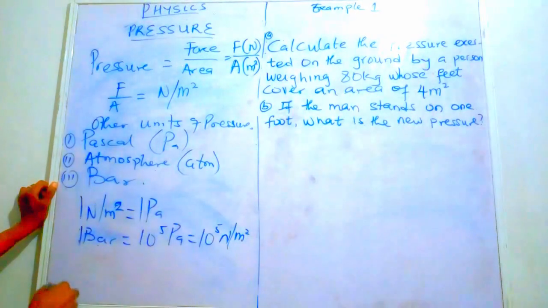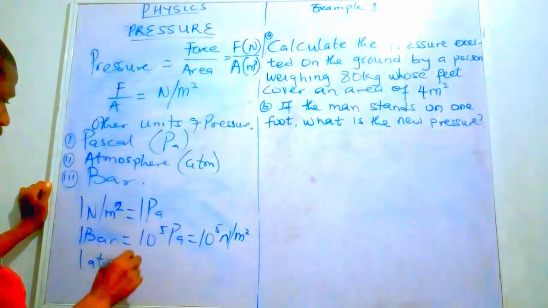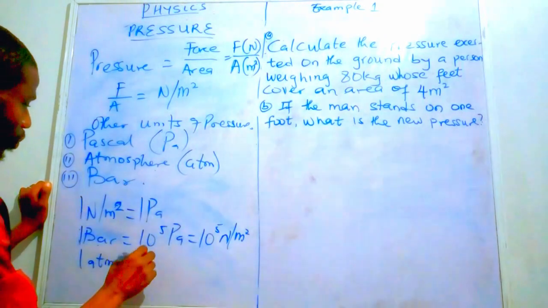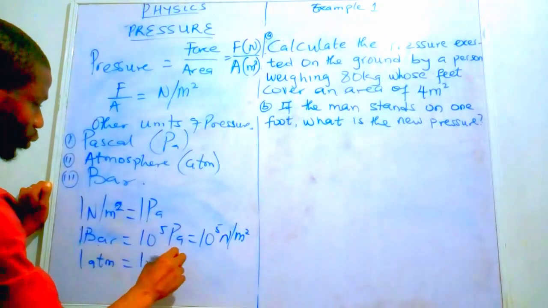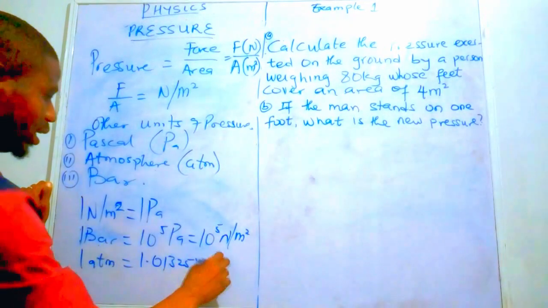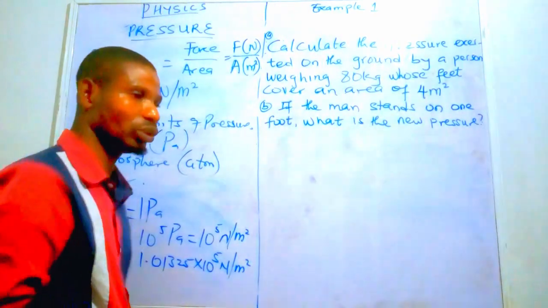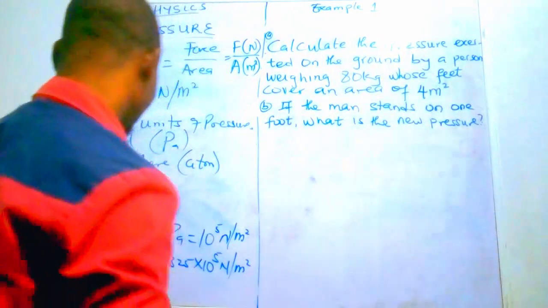And 1 atm is equal to 1.01325 times 10 raised to power 5 Newton per meter square. That is the relationship between the units.